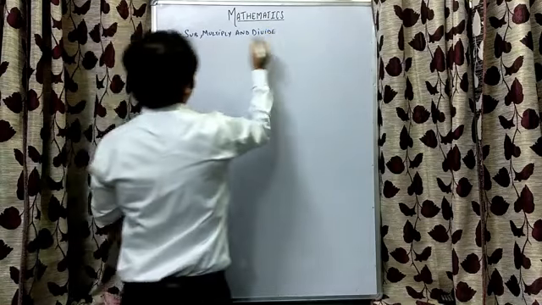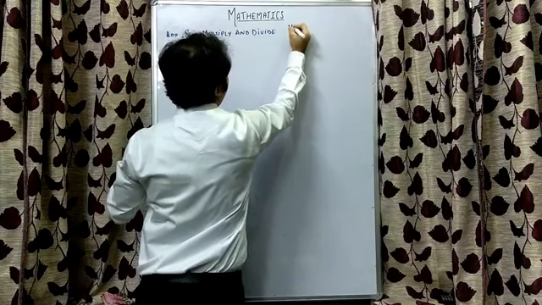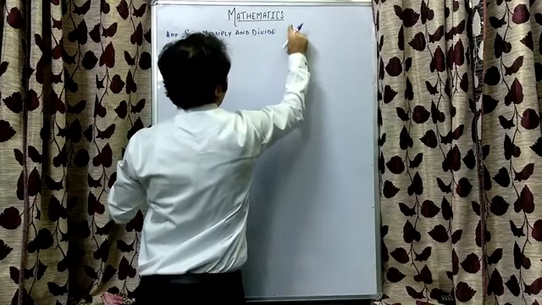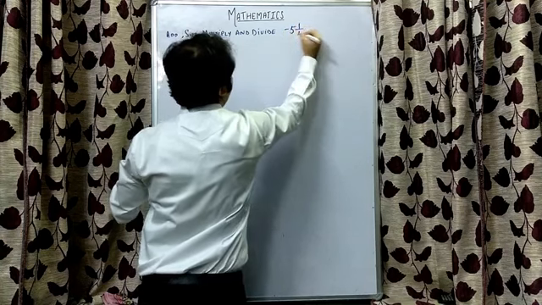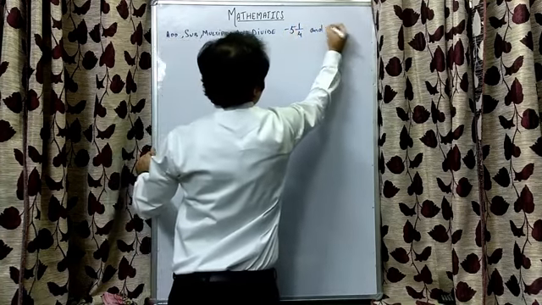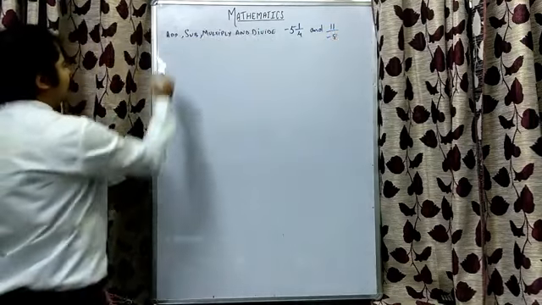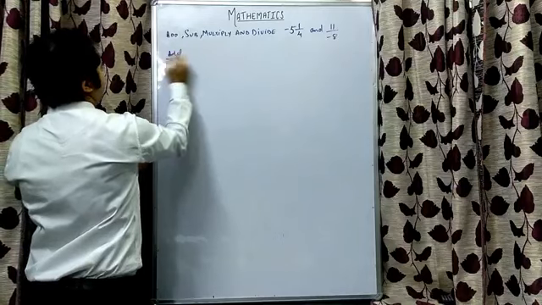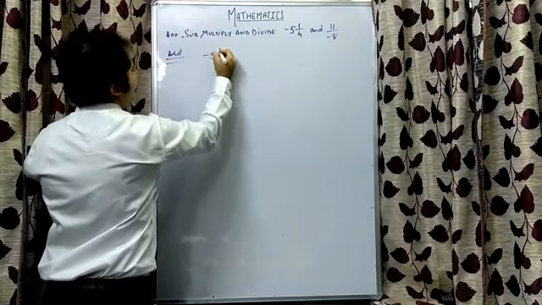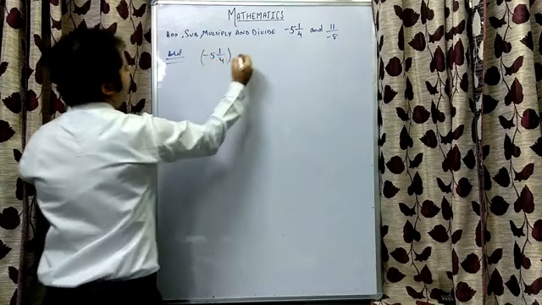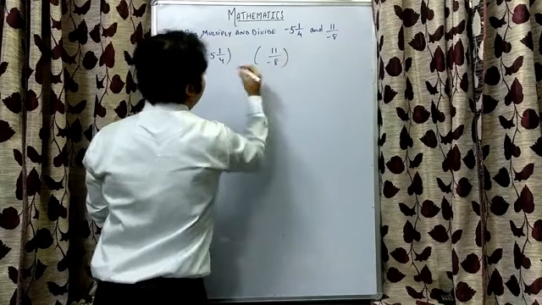Like we can take this example: add, subtract, multiply and divide minus 5 1 by 4 and 11 by minus 8. First let us add. We have to add minus 5 1 by 4 and 11 by minus 8.